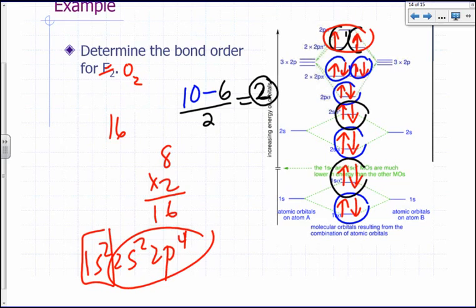It responds to the presence of an external magnet. That's a property that we associate with unpaired electrons. Now, if you did nitrogen, you'll find that nitrogen would have 10 valence electrons, so you'd have 2 less, and so your bond order would end up being 3.